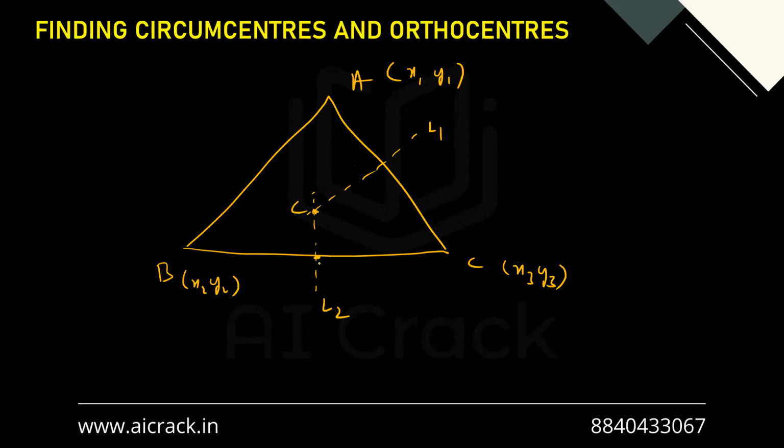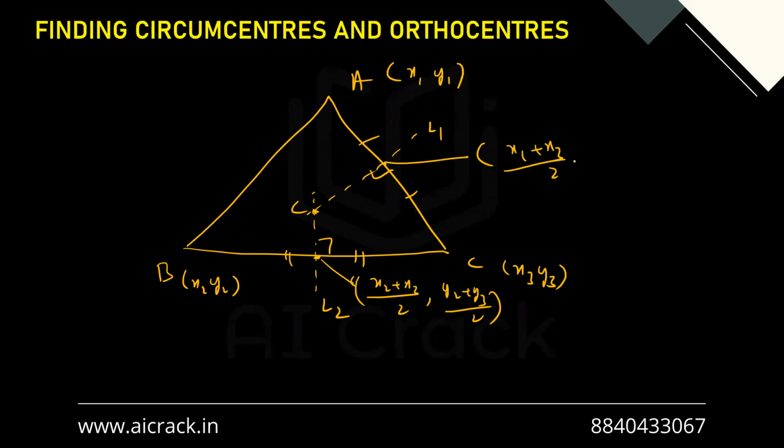Since this is perpendicular and also a bisector, with the help of the midpoint theorem we can find the coordinates of this point. That would be (x2 plus x3) by 2 and (y2 plus y3) by 2, right? Similarly, this point would be (x1 plus x3) by 2, (y1 plus y3) by 2. Now we have the coordinates of these two points.